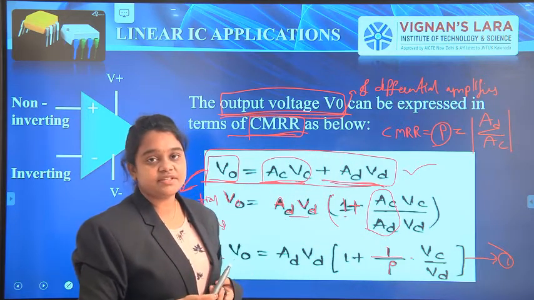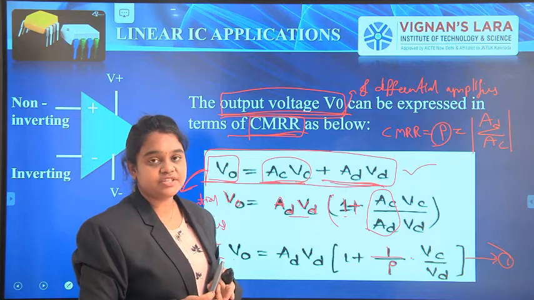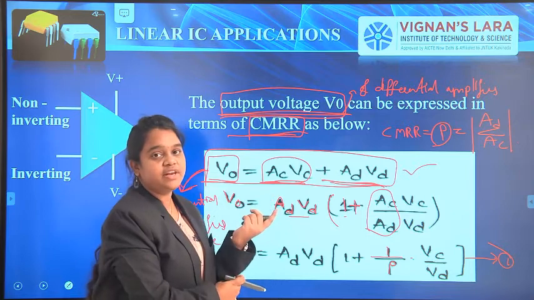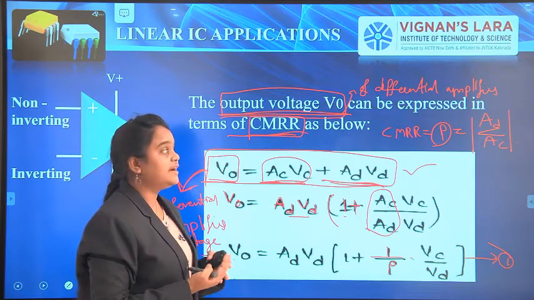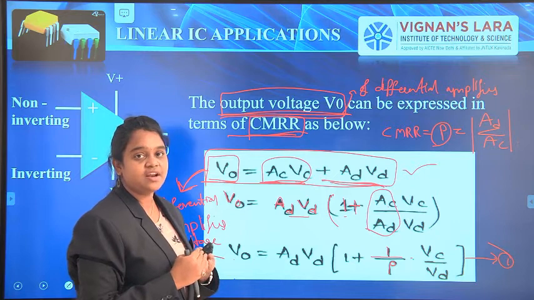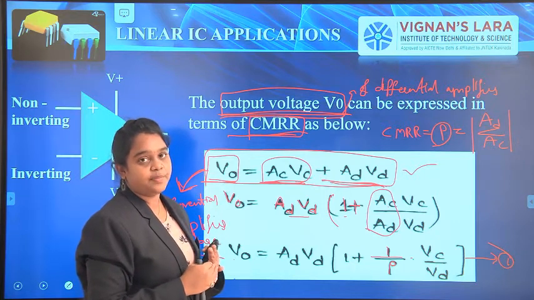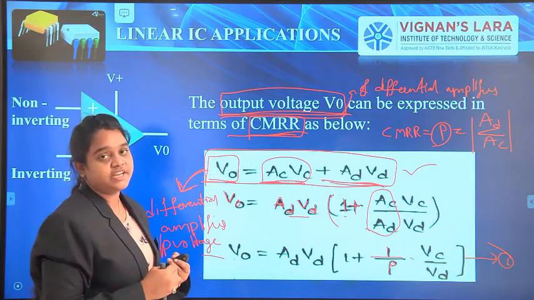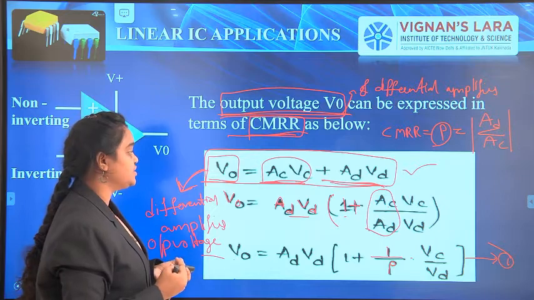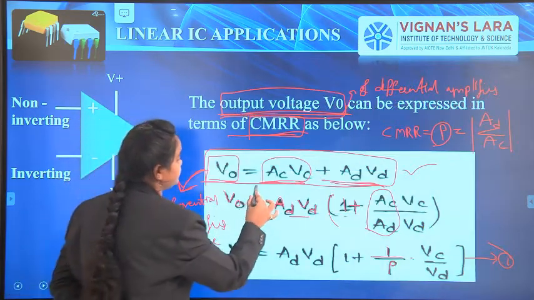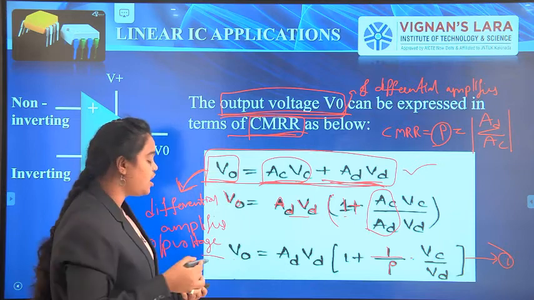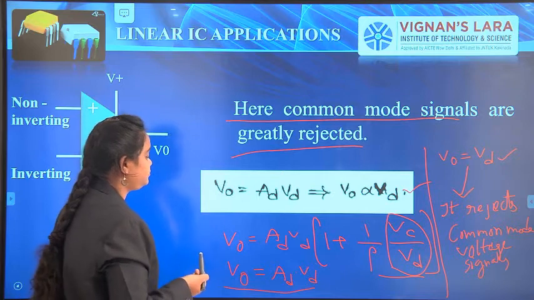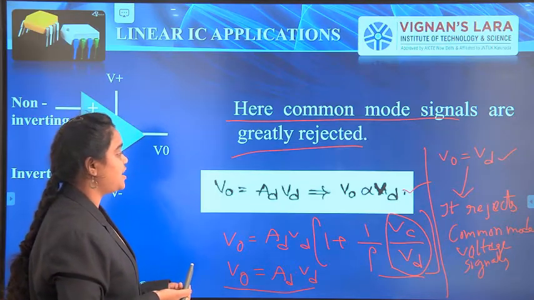Differential mode voltage gain operation and the common mode operation. CMRR means it allows only differential mode operation and rejects the common mode operation. From this equation, we derive the CMRR ratio by using the differential amplifier output. So this is about the CMRR ratio.